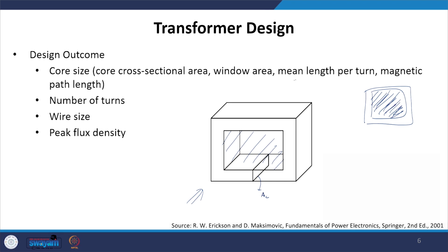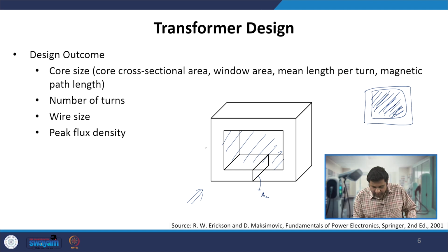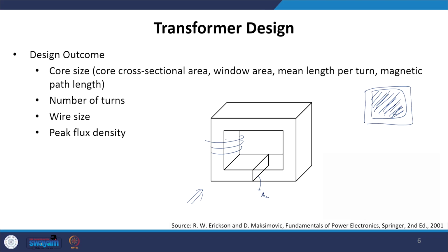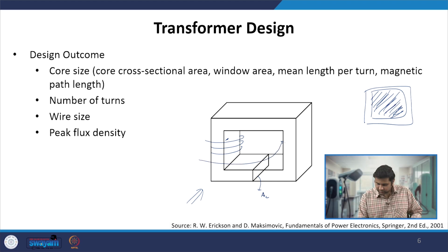Then we have the mean length per turn. In the transformer, we have several windings, and this winding goes from this particular surface to this particular surface facing that side. So we will have the windings which go from here till here.